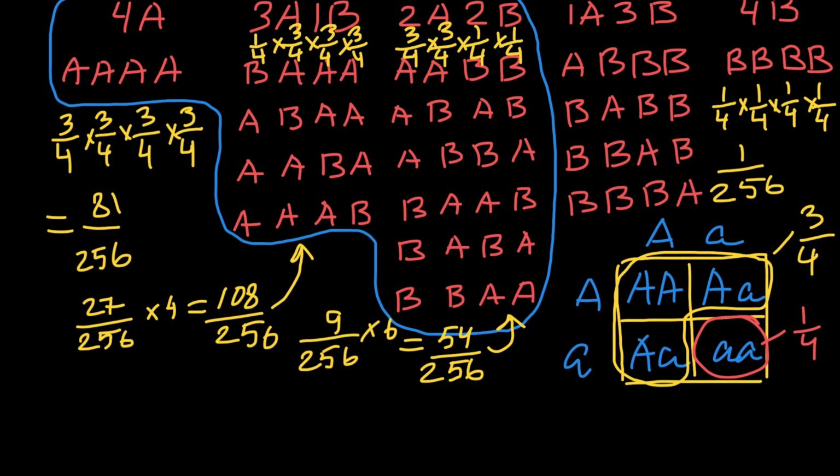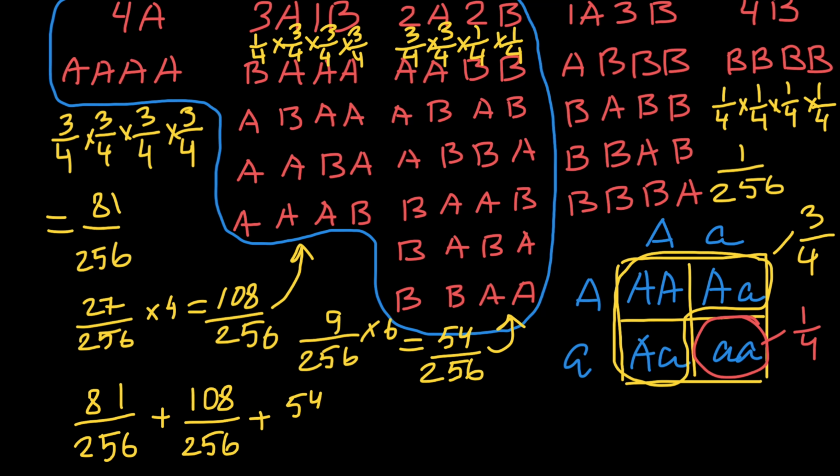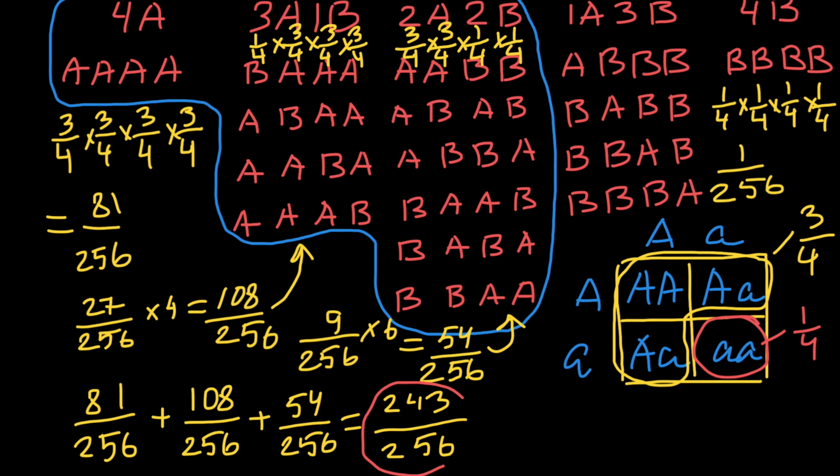So our last step in our calculations is going to be 81 over 256 plus 108 over 256 plus 54 over 256. And our final answer is going to be 243 over 256. And this is going to be our final answer.